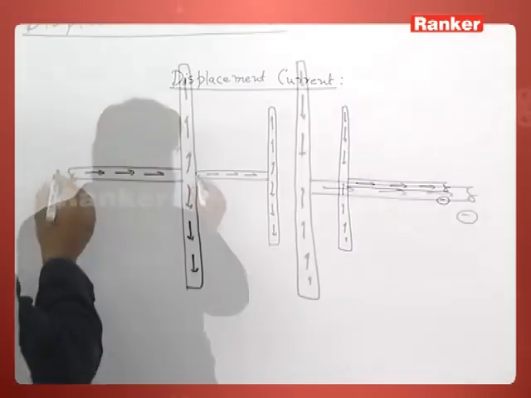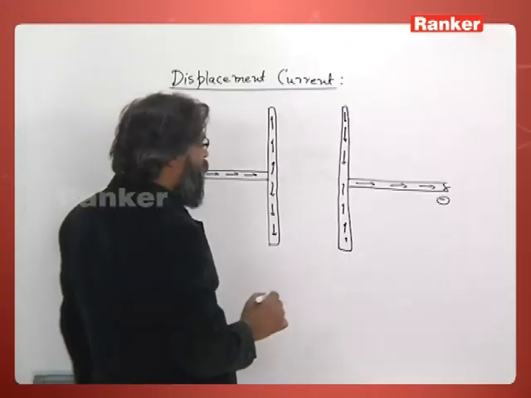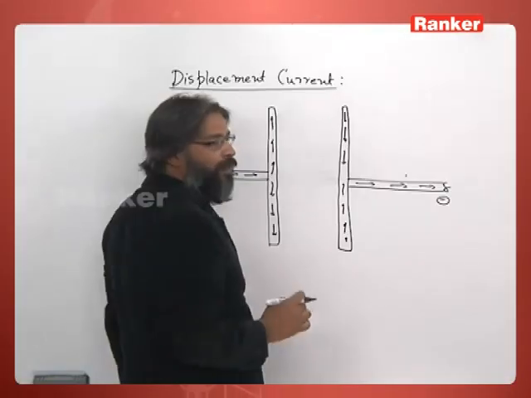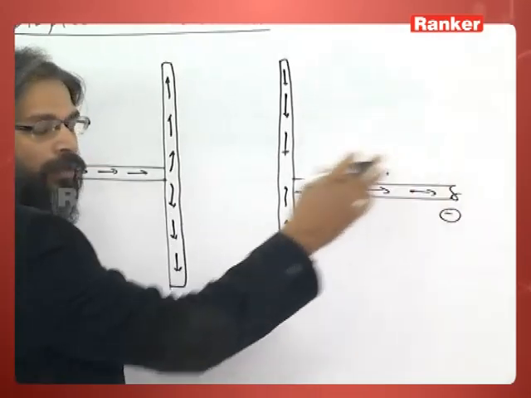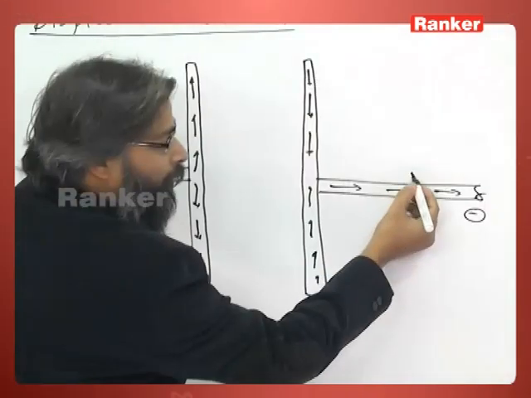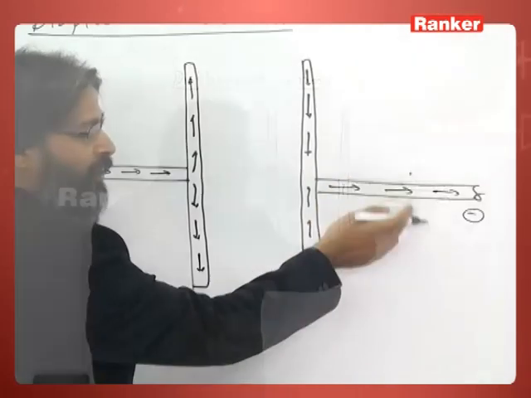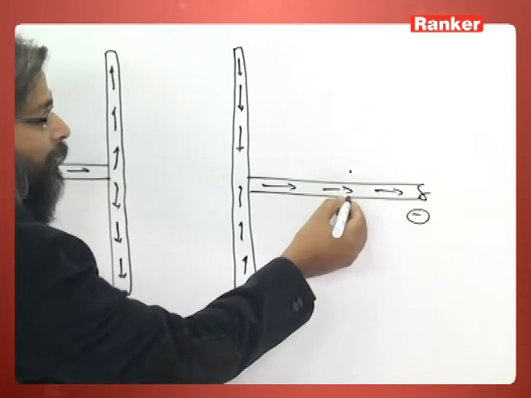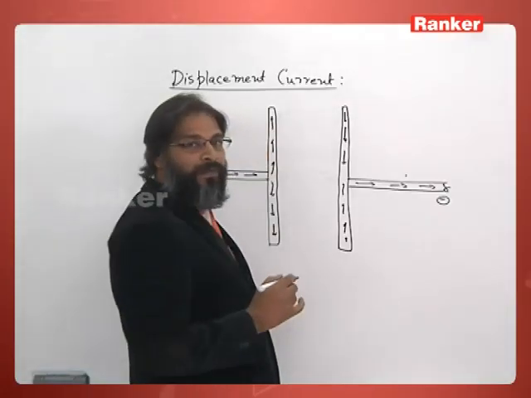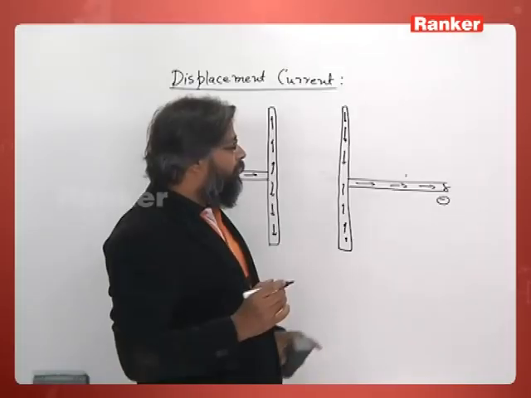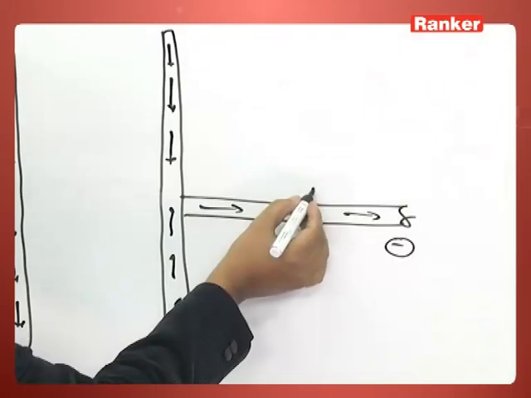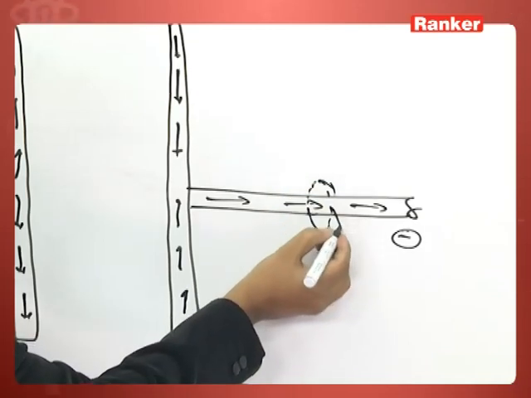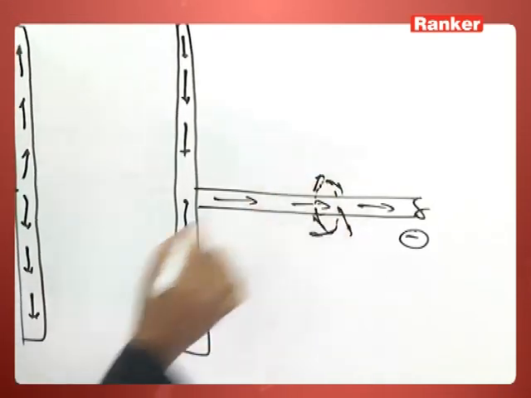Now suppose, let us see, take a point very close to this wire. Now when the current flows, there is a magnetic field build up in these locations, and the magnetic field B can be calculated by Ampere's law. We will use Ampere's law to calculate the magnetic field at this point. So we expect the magnetic field at this point to be something like this.